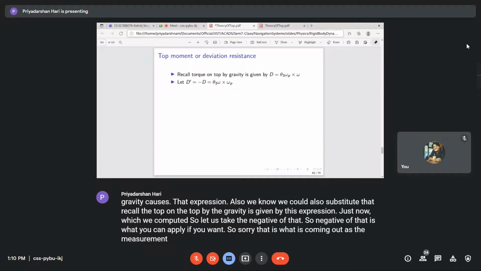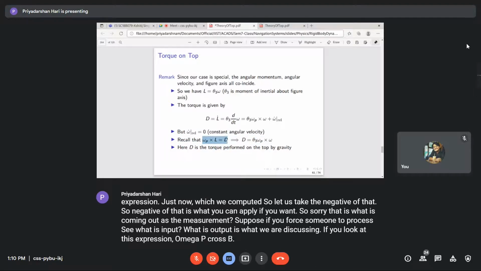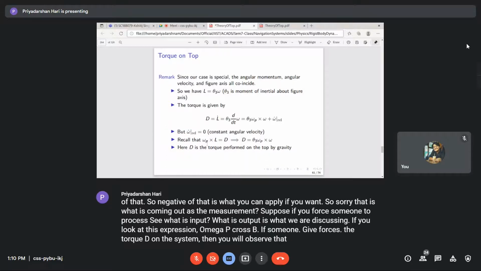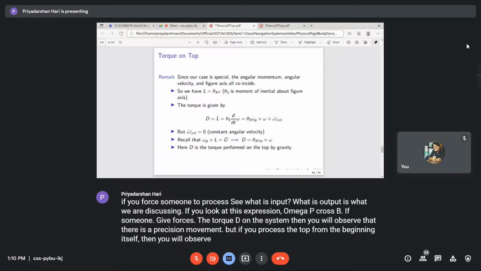Suppose you force someone to precess; what is input and what is output is what we are discussing. If you look at this expression omega p cross D, if someone forces the torque D on the system, then you will observe a precession motion. But if you precess the top from the beginning itself, then you will observe that torque as this expression.